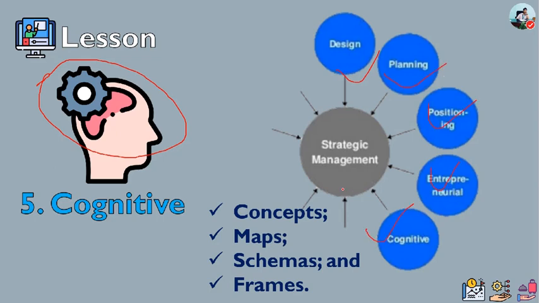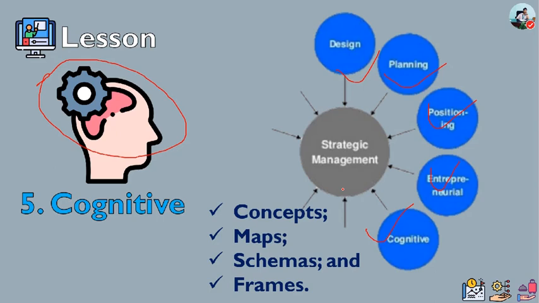The cognitive emphasizes strategy formation from the perspective that the decision maker's cognition and mind drive strategy making. So the cognitive skills of managers influence their perspective on how they perceive the environment. This perspective in turn influences the strategy formation process.